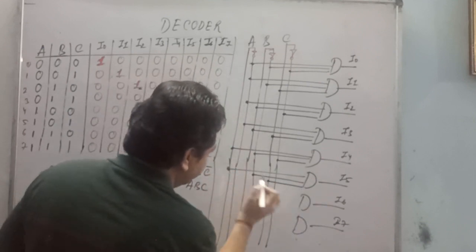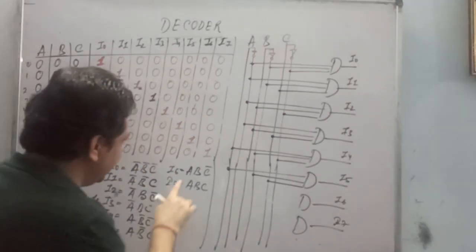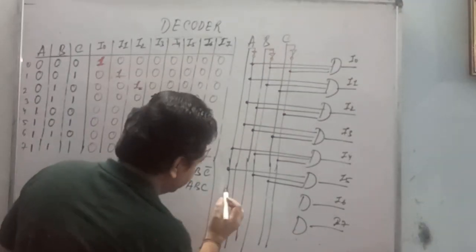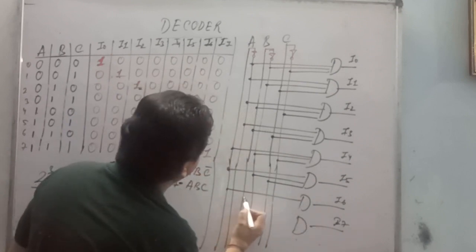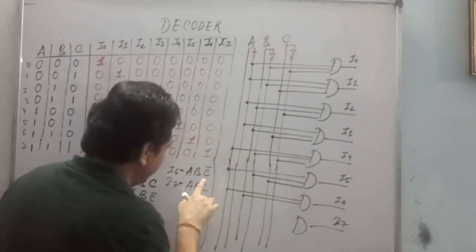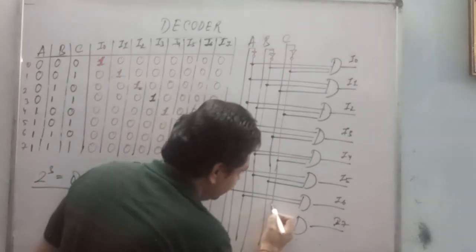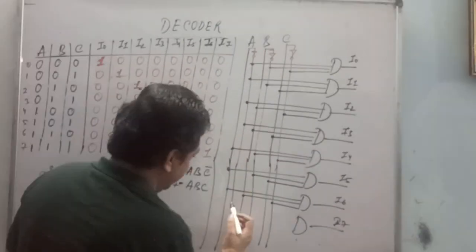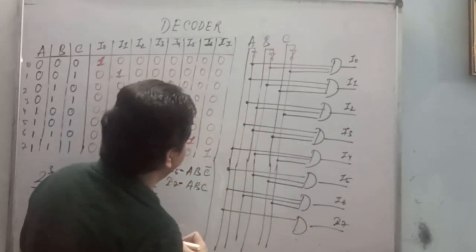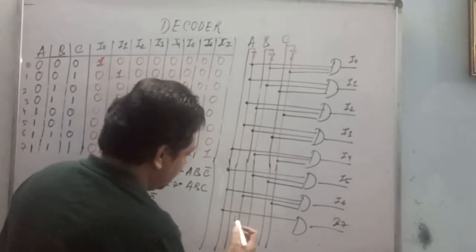Okay. I6, A, B, C bar. A, B means direct line, and after that C complement. C complement means you have to connect to the NOT gate. Now the last, A, B, C. ABC means you have to connect the direct line. Direct means without NOT.